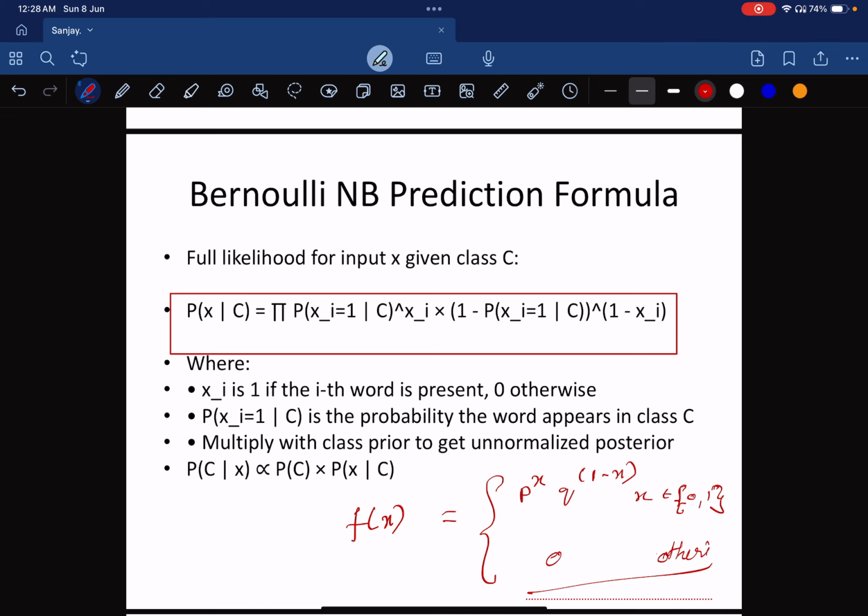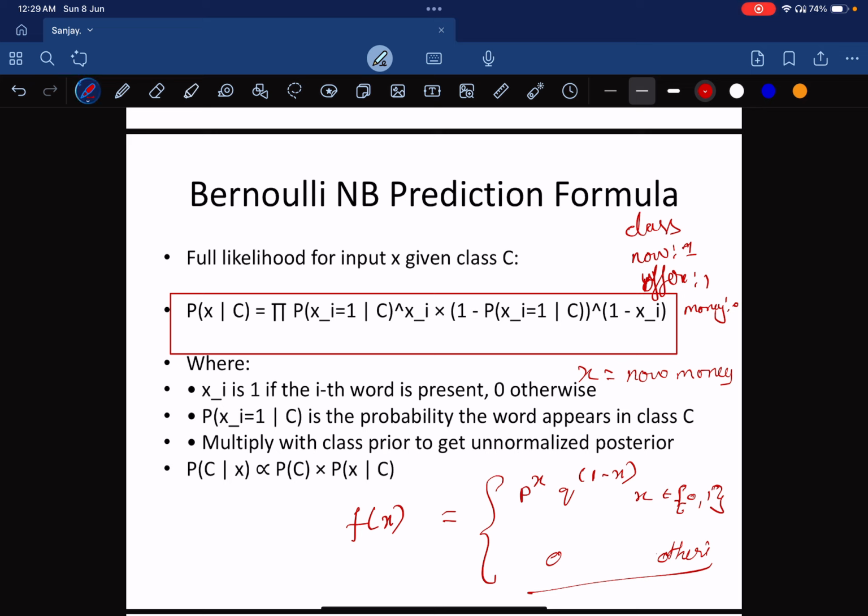Let's take a class, and the class contains some words. Now occurs one time, and the word offer occurs one time, and money occurs 0 times. For a new input like x equal to now money, it doesn't make sense.